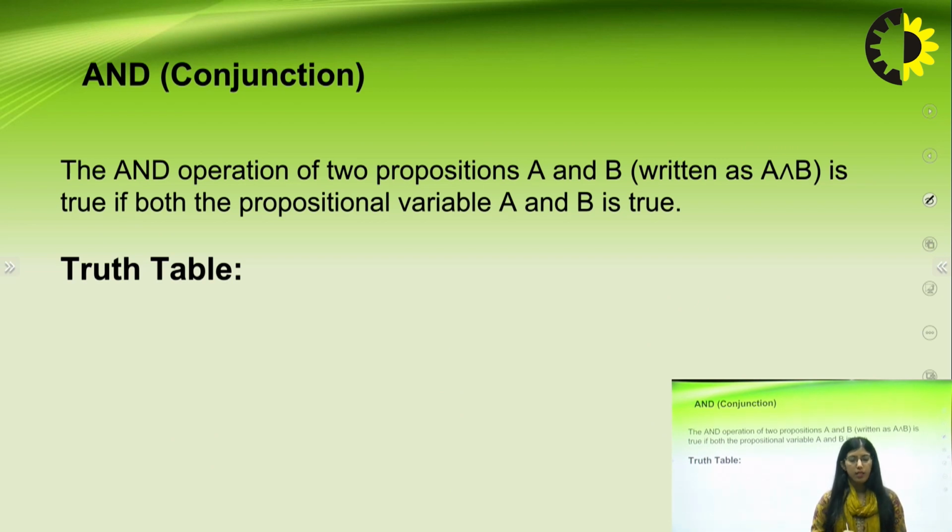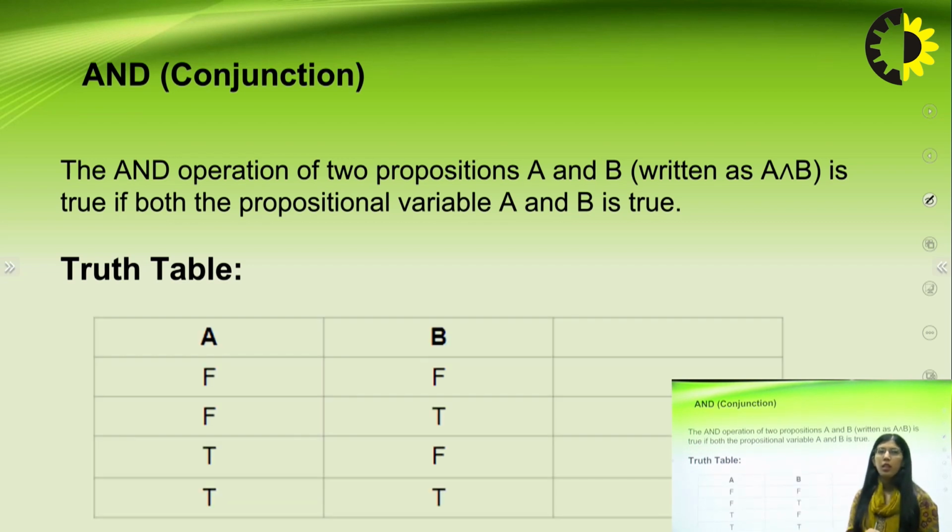Next one is the AND operation. AND operation is true when both of the propositions are true. In that case only, the result is true. Otherwise, the result is false. As we can see here, both of the propositions are false. So the AND operation results in false here.